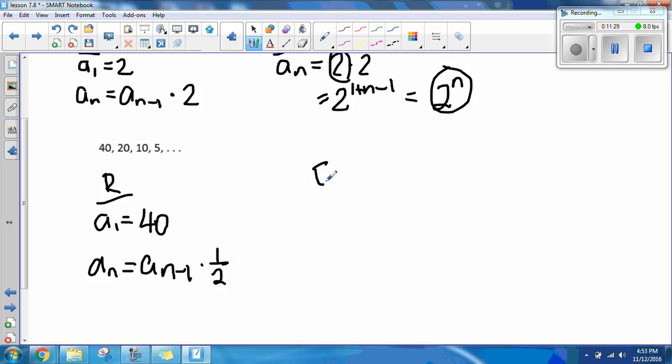So our explicit formula will be the nth term, a sub n, is equal to our initial value times our common ratio, 1/2, to the n minus 1 power. And here I can't do this nice simplification because we do not have the same bases.